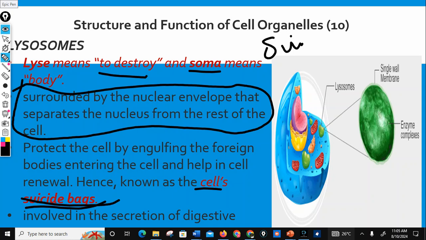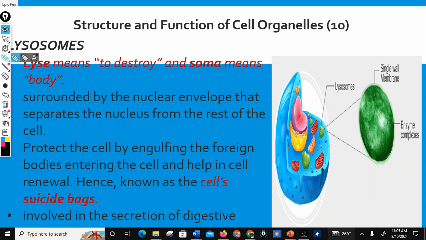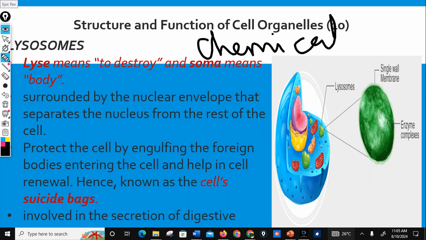After breaking down those substances, they break them down into chemicals that will become useful to the cell, or sometimes if they cannot be broken down into useful chemicals, they are transported outside of the cell.